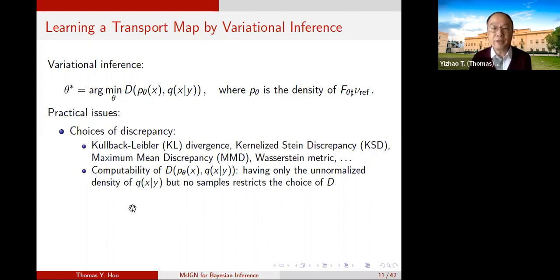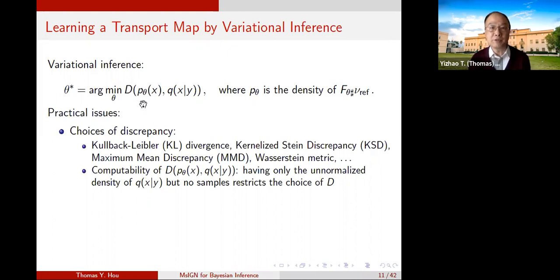But on the other hand, keep in mind that we don't have samples for the targeted distribution Q of x given y. We only know the density, and to evaluate the density you have to solve a forward problem, which could be very expensive. But we have samples from the transport map, P theta, because we construct the map ourselves, so we are able to sample.